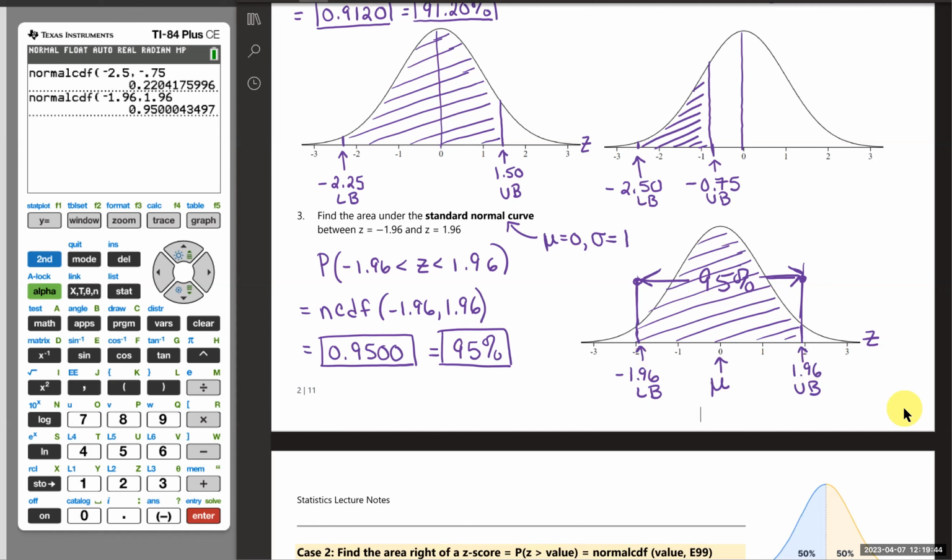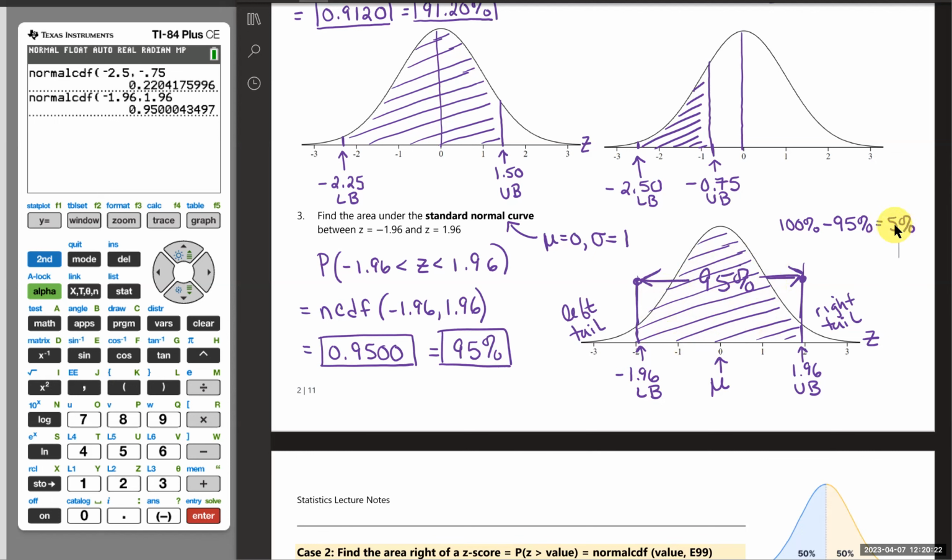So that's 95% of z-scores. These we're going to call tails. I'll call that one the left tail and the right tail. There aren't a lot of z-scores left. If the whole bell is 100%, and I took away the 95% that's shaded, that would leave me with 5% of z-scores. So 95% are in the middle, 5% are left.